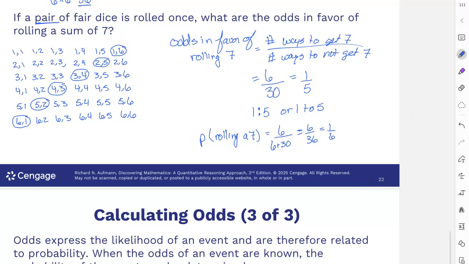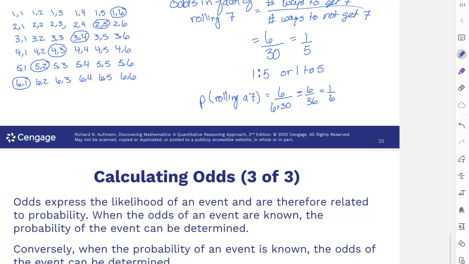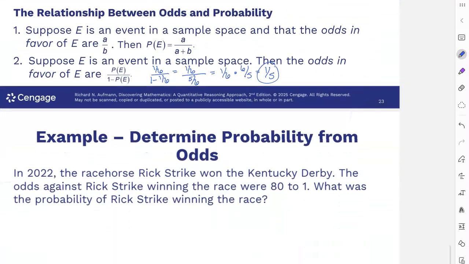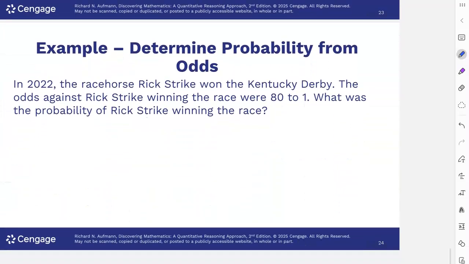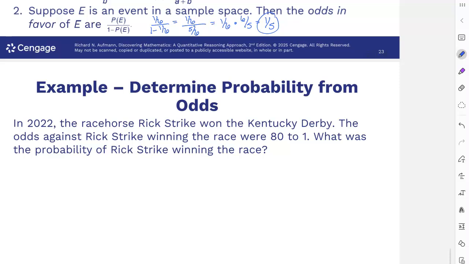So you can see the relationship between odds and the probability associated with those odds. Let's look at one more example. In 2022, the racehorse Rich Strike won the Kentucky Derby. The odds against Rich Strike winning were 80 to 1. What's the probability of Rich Strike winning the race?